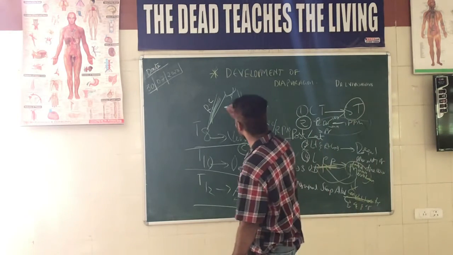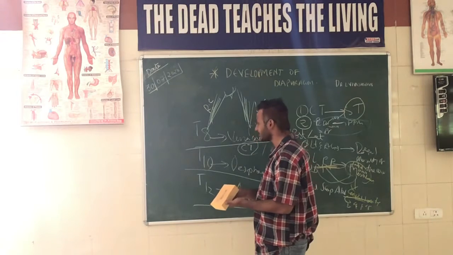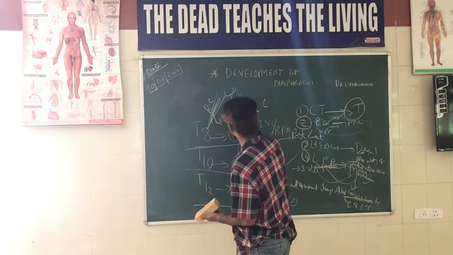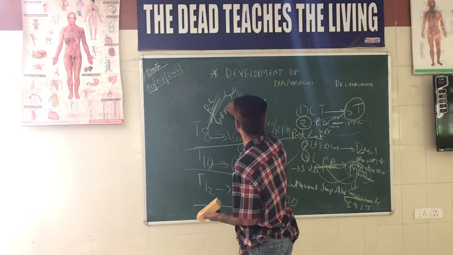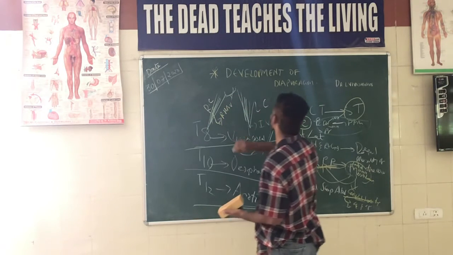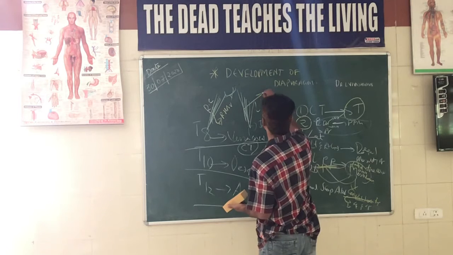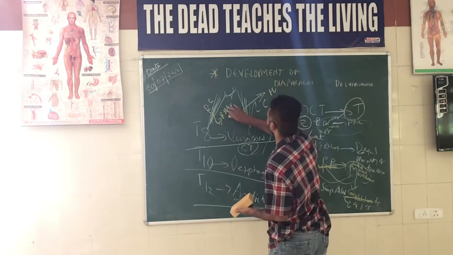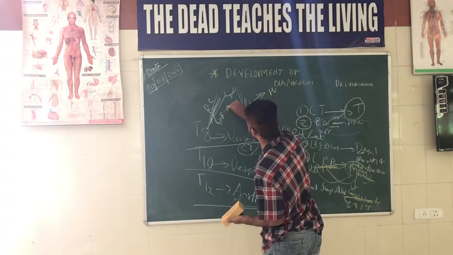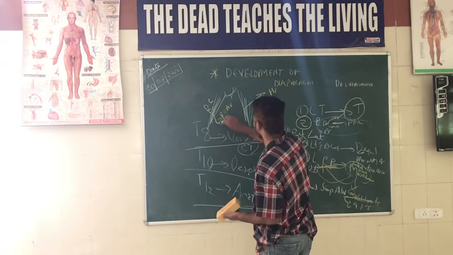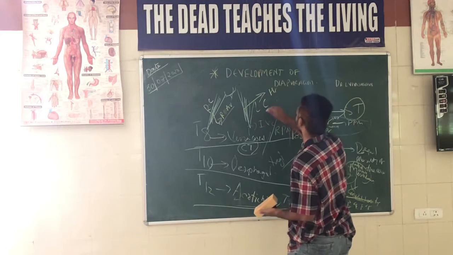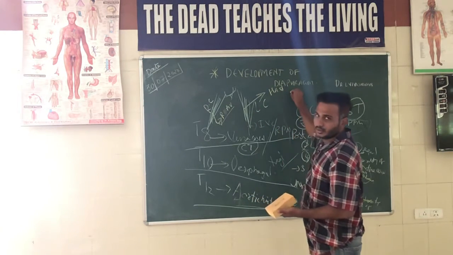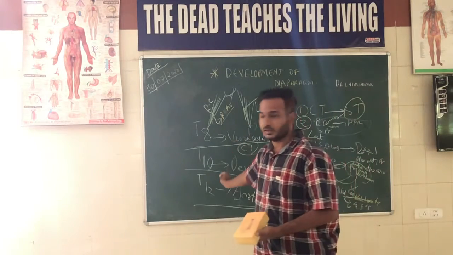The right crus of the diaphragm will be pierced by the right azygos vein, while the left crus of the diaphragm will be pierced by the hemiazygos vein. Sorry, this is the right azygos vein. The right crus will be pierced by the right azygos vein, while the left crus will be pierced by the hemiazygos vein.